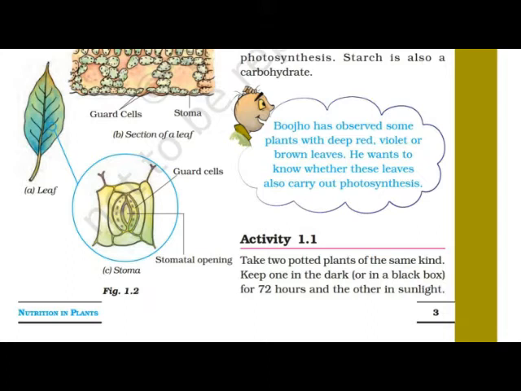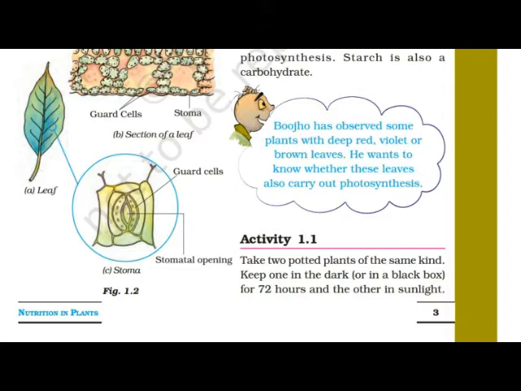The green color is nothing but the presence of chlorophyll. So we can understand that photosynthesis takes place in all kinds of leaves, even those containing different colors. You can see examples in figure 1.4, the leaves of various colors.